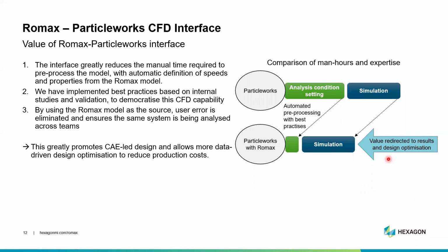Automatic calculation of speeds, implementing best practices based on Romax engineers' experience, Particleworks expert experience to make the CFD capability as easy as possible. And it means that for a Romax user, they can use the same model for their efficiency analysis, durability and NVH analysis, and take that same model for their CFD analysis, thereby minimizing user error.